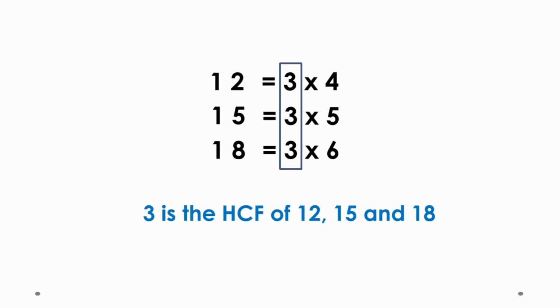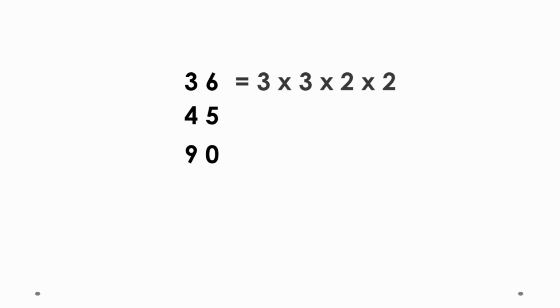There can be another scenario while finding the HCF. Let's take another example and see what that can be. Let's find the HCF of 36, 45 and 90 using prime factorization. 36 is equal to 3 into 3 into 2 into 2. 45 is equal to 3 into 3 into 5.